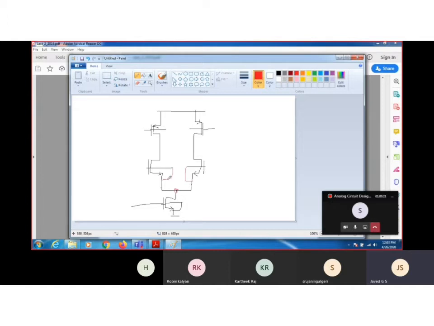This is physically not possible if you do it here, because this P substrate is now sitting common to all these devices. The moment you connect one of the P substrate to ground, the rest are all going to connect to the P substrate of that ground itself. So that is the reason a source to bulk voltage difference will be present if you do it here.